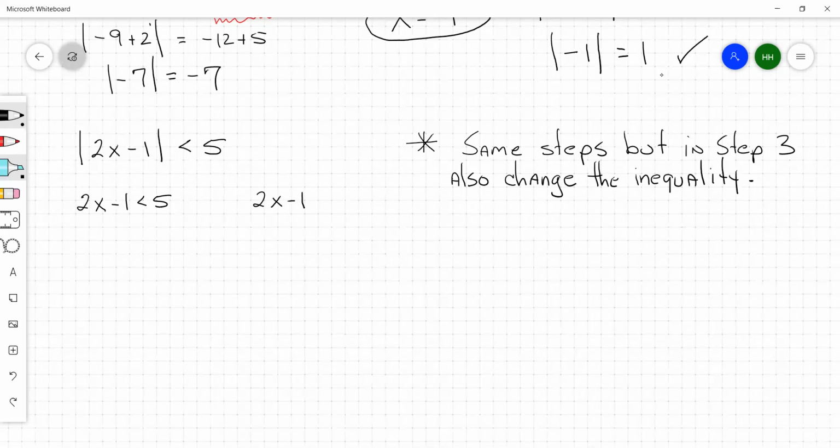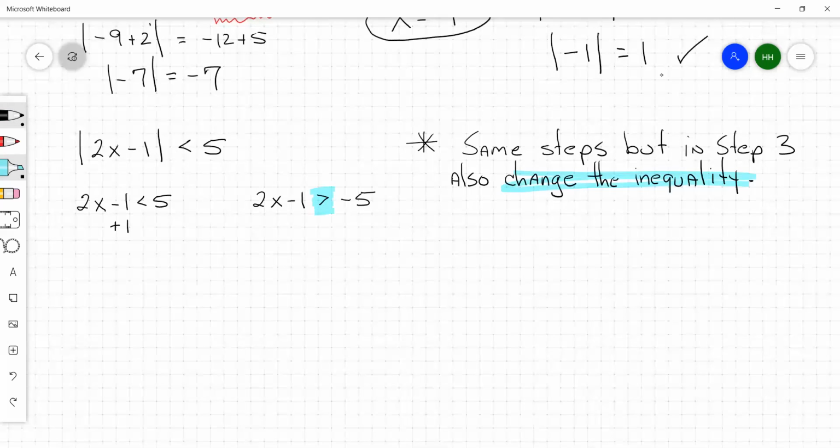Same as step 3, also change the inequality. So look, we got to change the direction of this inequality and negate. Real big step right there. Negate and change the inequality. And now you solve them both.